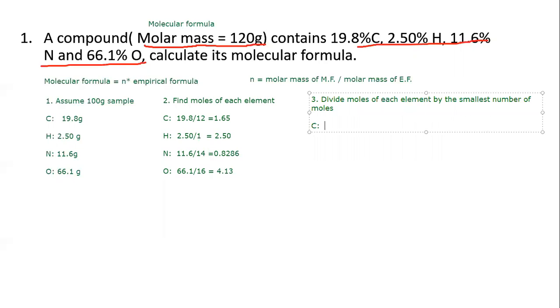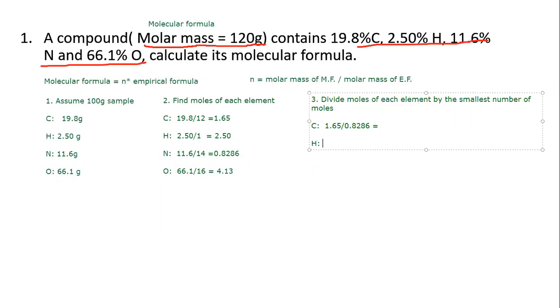So then for carbon, it's going to be 1.65 divided by 0.8286. Now, one thing you need to remember is try not to round too much in each of these steps, because the more you round, it's going to cause your answer to err. So I would always recommend 3, 4, or 5 significant figures in each step as you move through it.